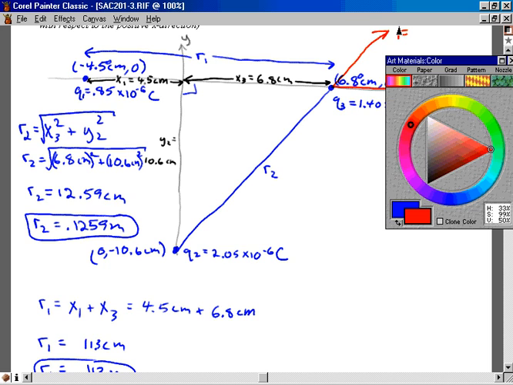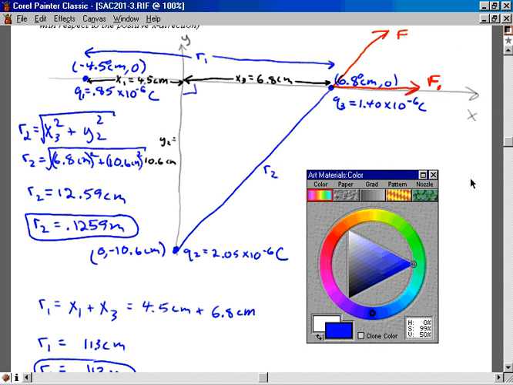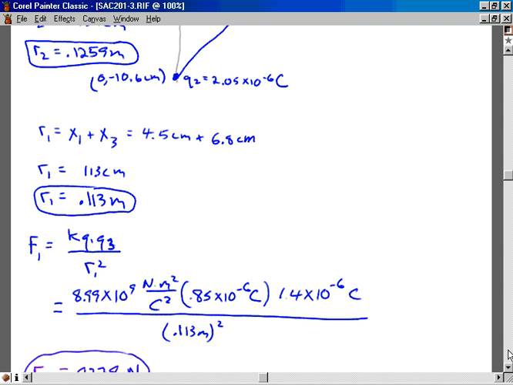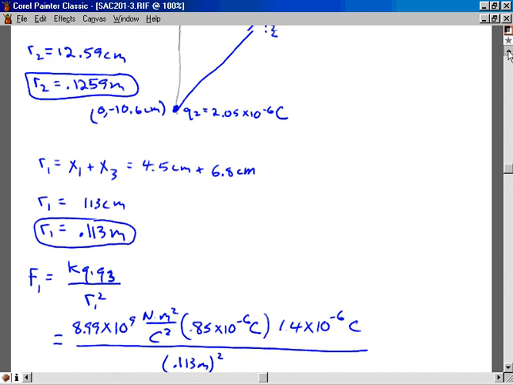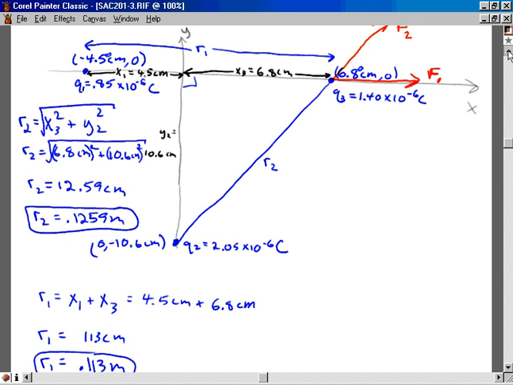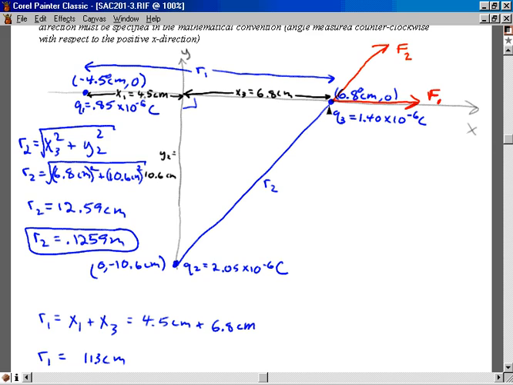Call that F2, subscript 2 on it. F2 is K Q2 Q3 over R2 squared.